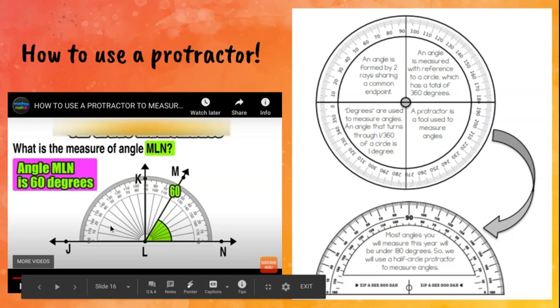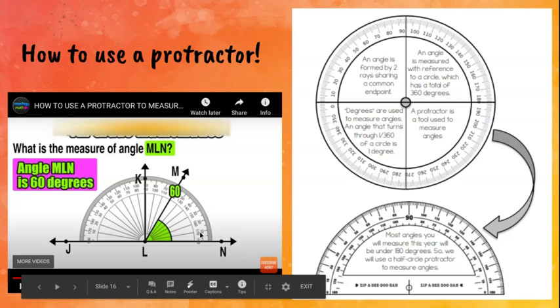When they put the protractor on the vertex, they're able to determine that this ray is at 0 degrees because it's just a flat line. And angle M, because remember we're looking at M, L, N, is at 60.